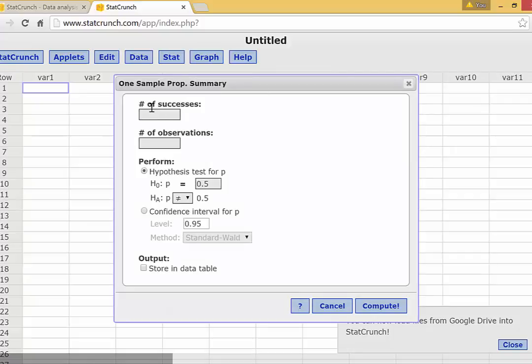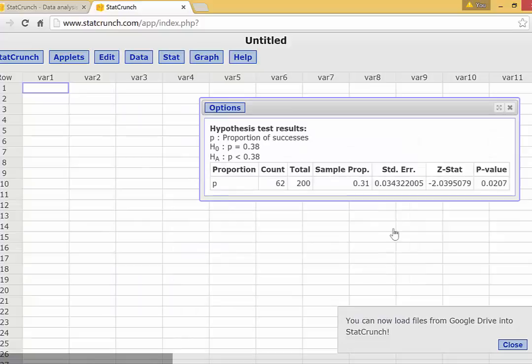The number of successes was 62. The number of observations, 200. Our hypothesized proportion was 0.38. And our alternative hypothesis should say less than, since it's a one-tailed test to the left. Click compute, and we find again our z-stat value that we found earlier, minus 2.040, and we see that our p-value is 0.0207.